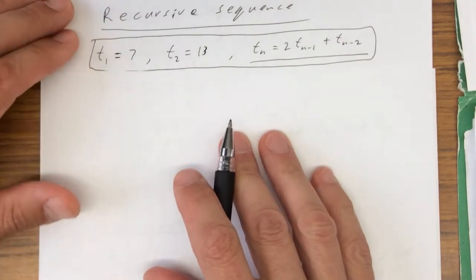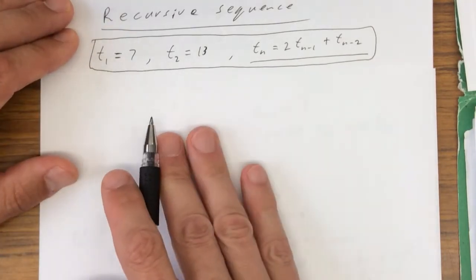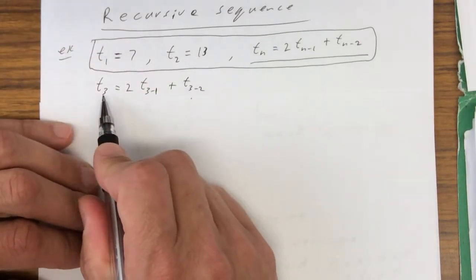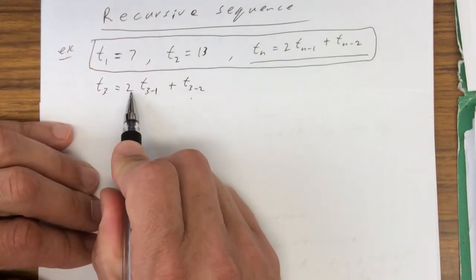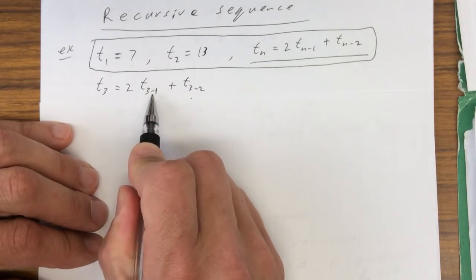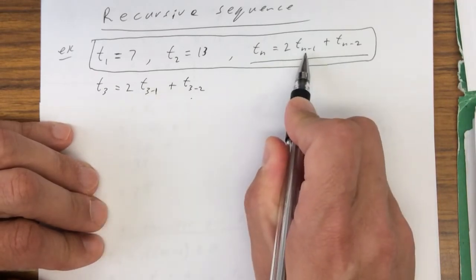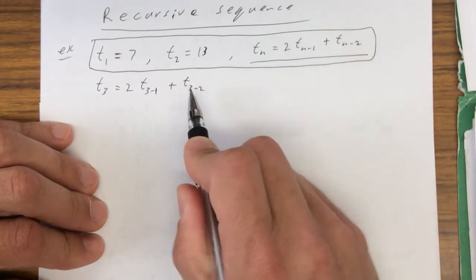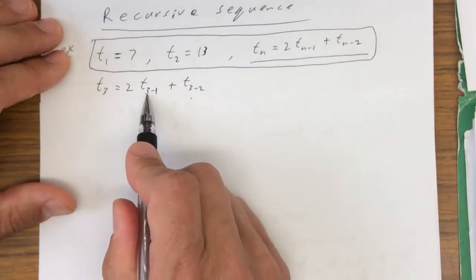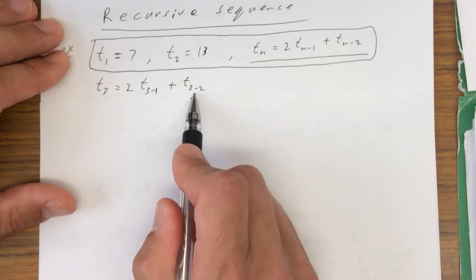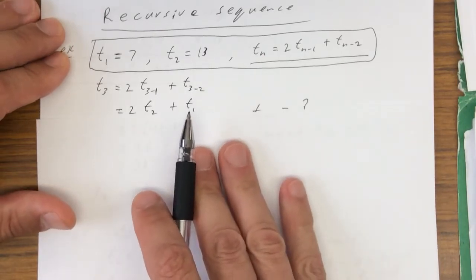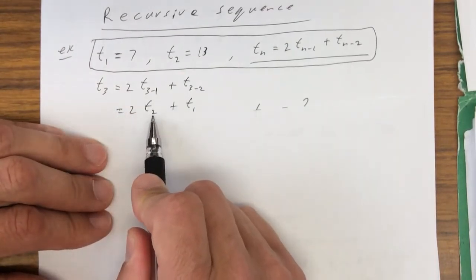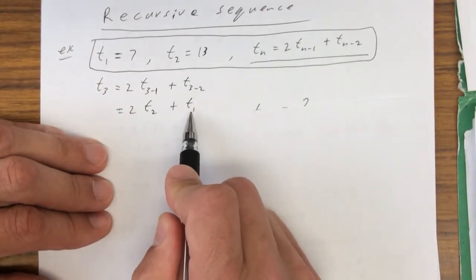Okay, so here's how you might calculate term 3. Term 3 is going to be 2 times t(n minus 1), so n is 3, so term 3 minus 1, plus term 3 minus 2. 3 minus 1 is 2, 3 minus 2 is 1, so term 3 is going to be 2 times term 2 plus term 1.